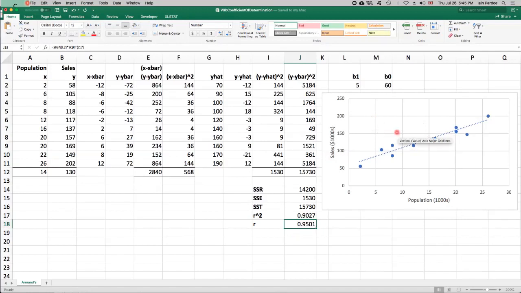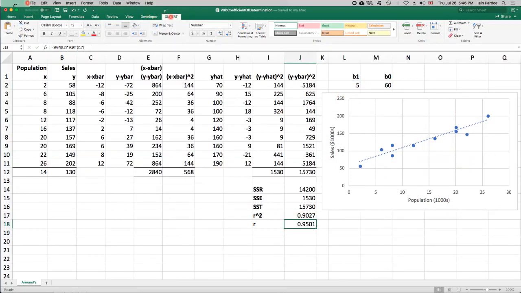If there was a negative association between these two variables and it went this way instead of this way. And so the correlation always has the same sign as the slope estimate. So that's why in this formula, there's an extra piece at the beginning that looks at the sign of this number, and r is given the same sign.